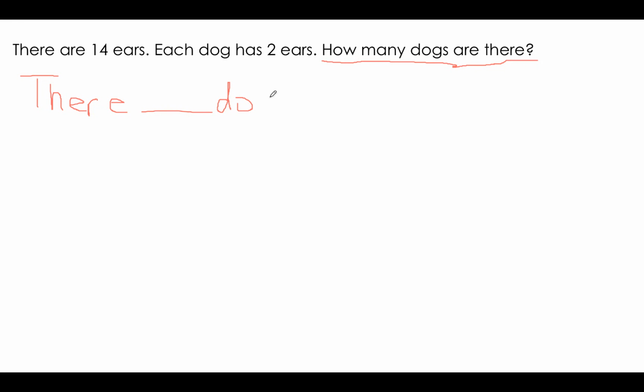Then we go and we look for the key information. Key information, 14 ears. Each dog has 2 ears. So now we draw a picture of this. If we draw 14 ears first, that's fine. We could do that.